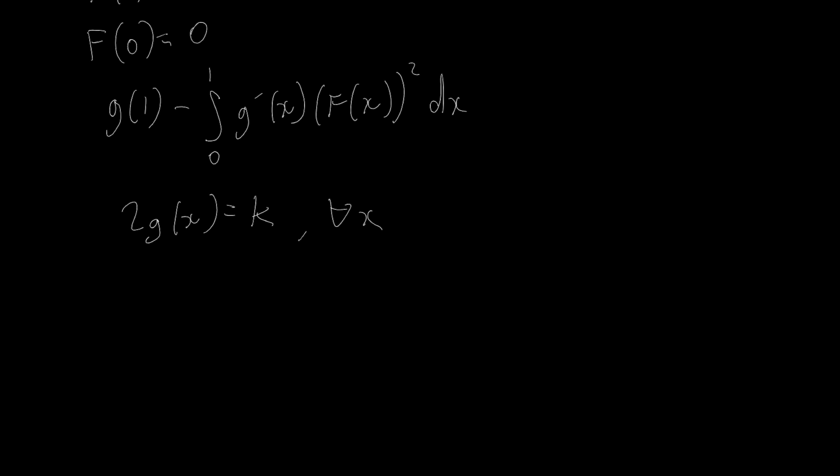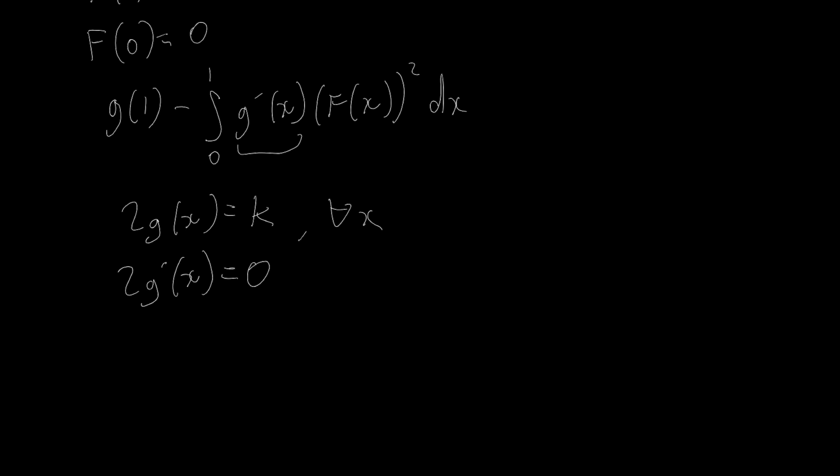Quickly, because our answer will use g prime of x, let's talk about its derivative. We take the derivative of both sides with respect to x. We have a constant on the right, so this becomes 0. So for all x, the derivative of g of x is 0.